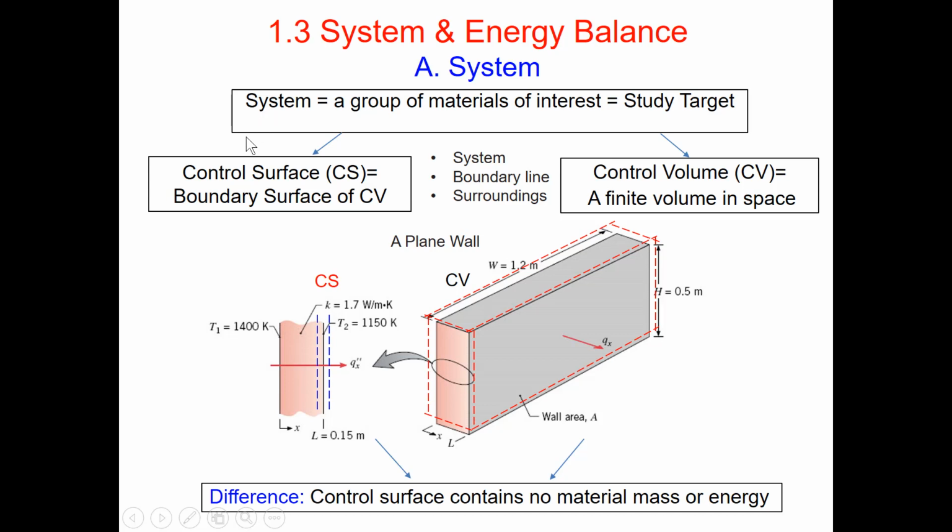The system can also be defined as a control surface, CS, which is a boundary surface of the control volume. For example, the blue dashed line contains the boundary surface.